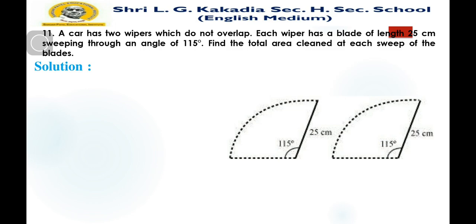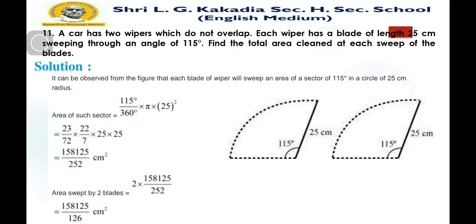We have the angle and also the radius, so we can put these values in the formula and multiply. It can be observed from the figure that each blade of the wiper will sweep an area of a sector of 115 degrees in a circle of 25 centimeter radius.